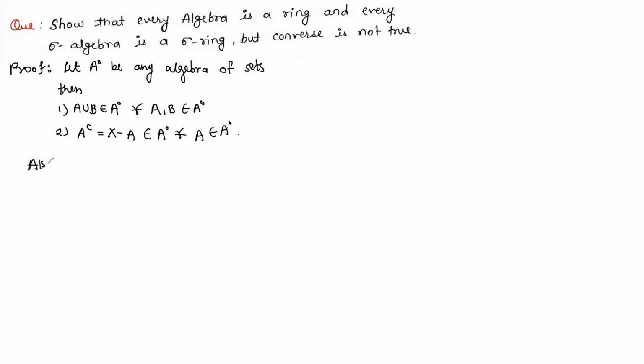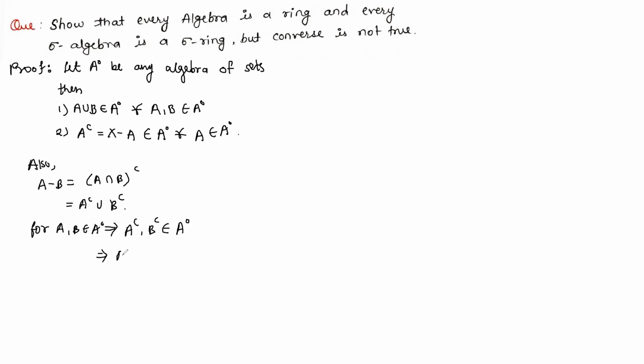Now also we know that A minus B is written as A intersection B complement, which is equal to the complement of A complement union B complement. Now since for A and B belonging to this algebra, this implies that A complement and B complement also belong to the algebra.